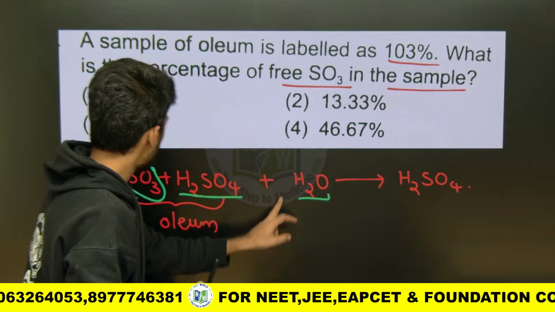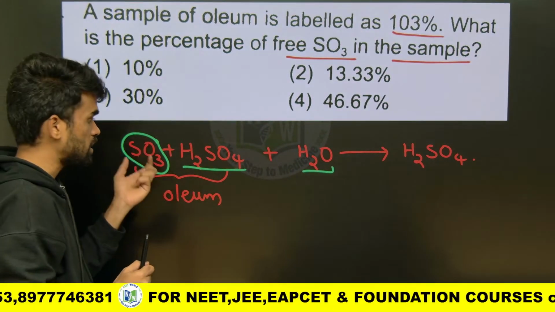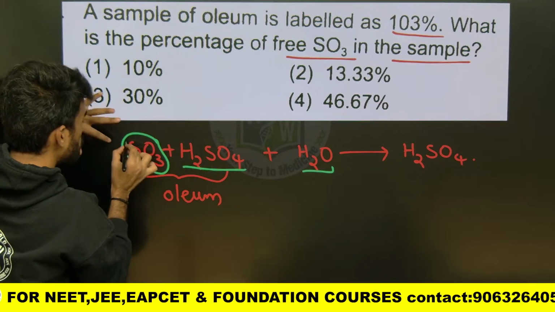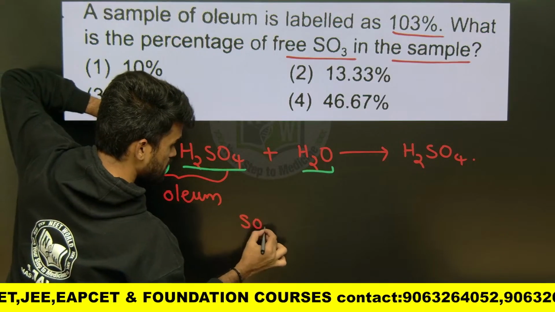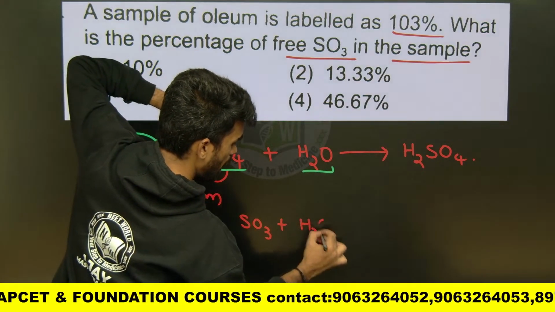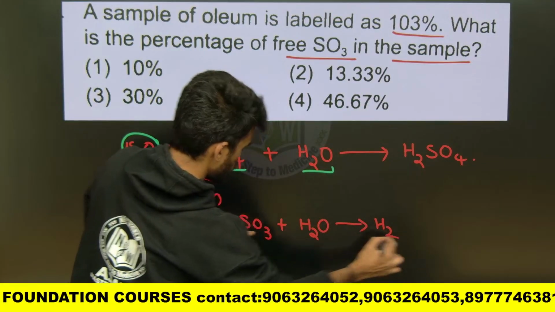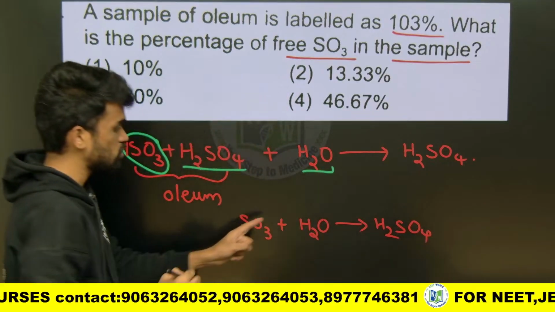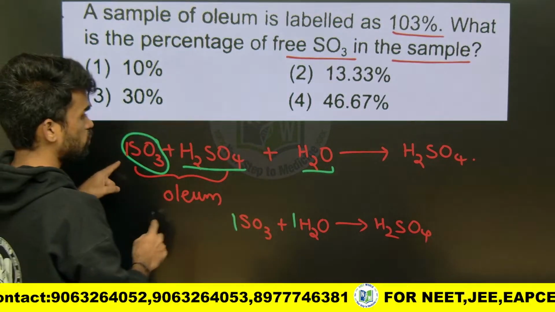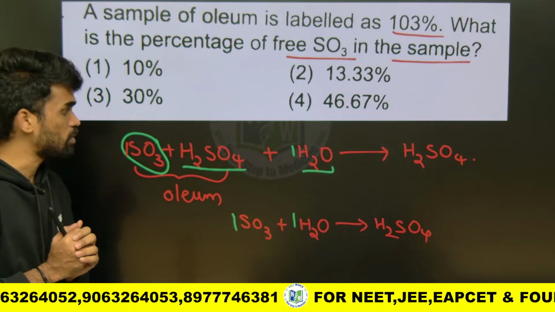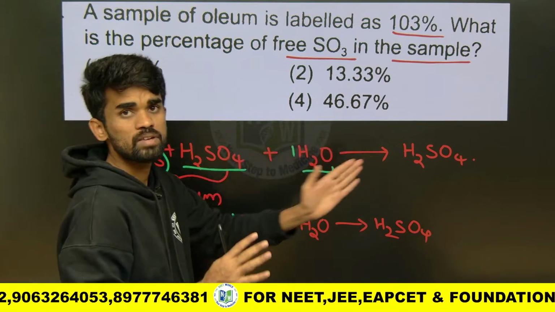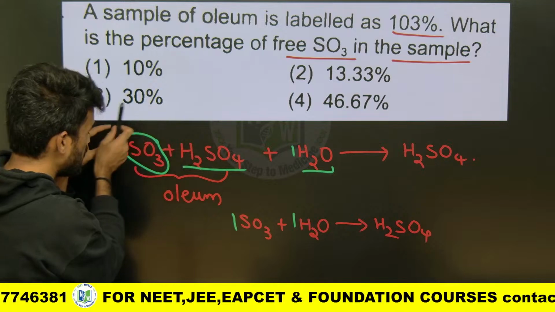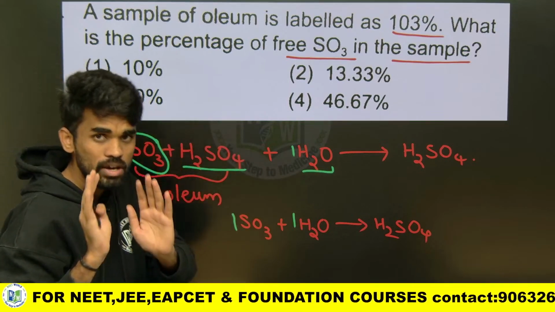Now, what is the stoichiometric ratio? 1 mole of sulfur trioxide reacts with 1 mole of water to form 1 mole of sulfuric acid, a 1:1 mole ratio. The sulfuric acid will remain as such; only sulfur trioxide participates in the reaction.